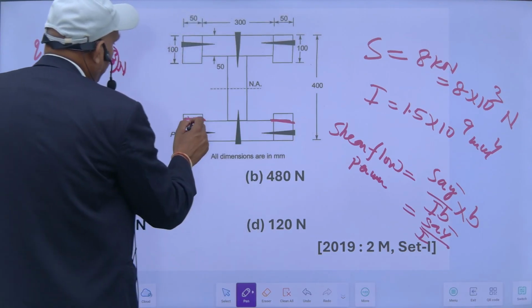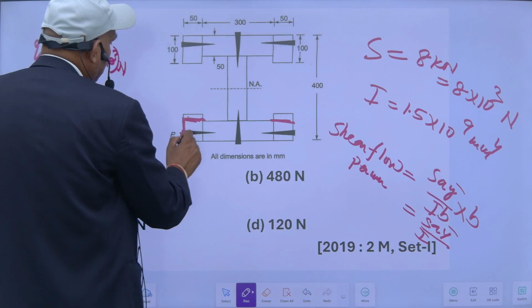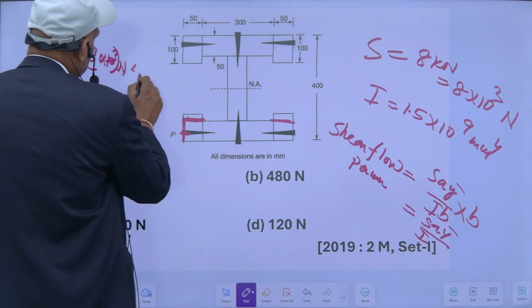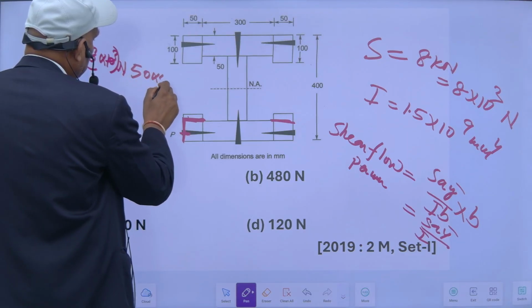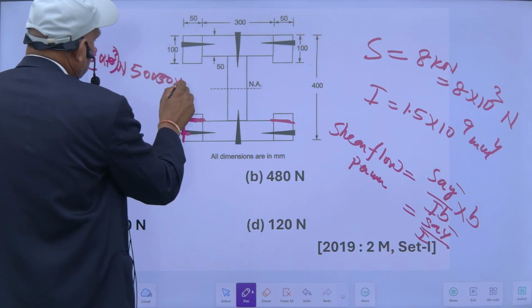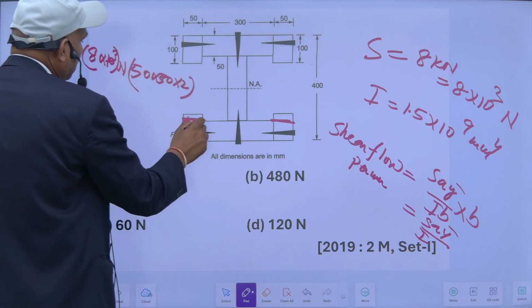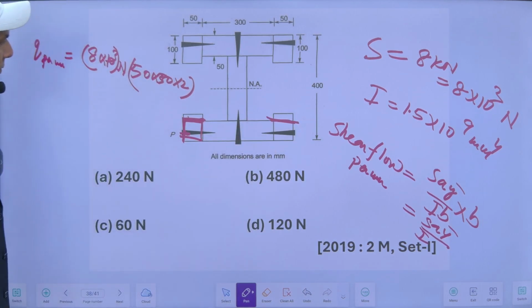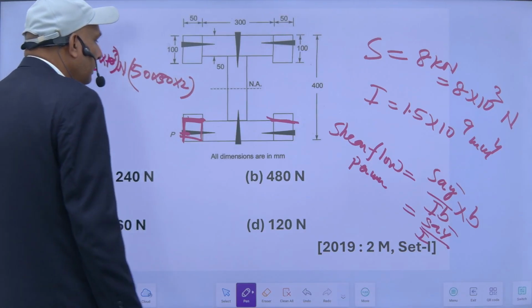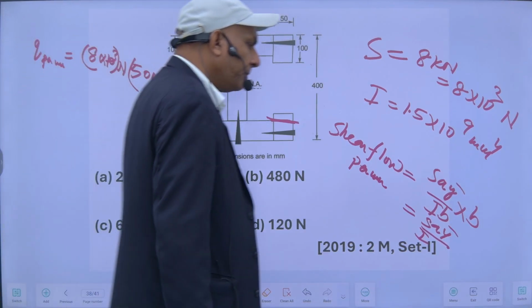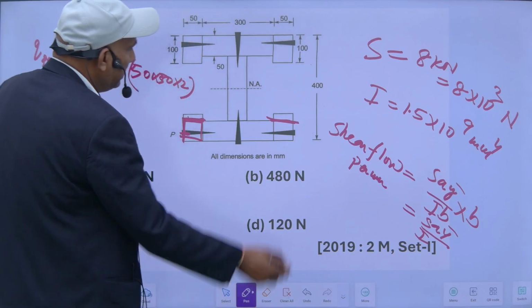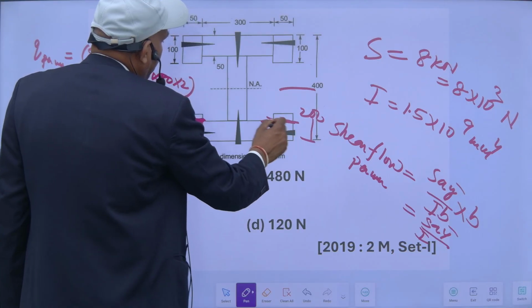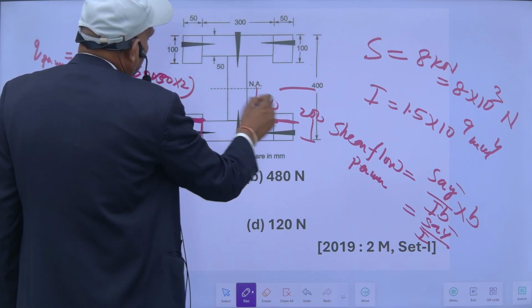So area will be 50 into 50 into 2. So this will be the area into y bar. Y bar will be, this is 200, 400, 200 minus this 50. So this distance is 150.